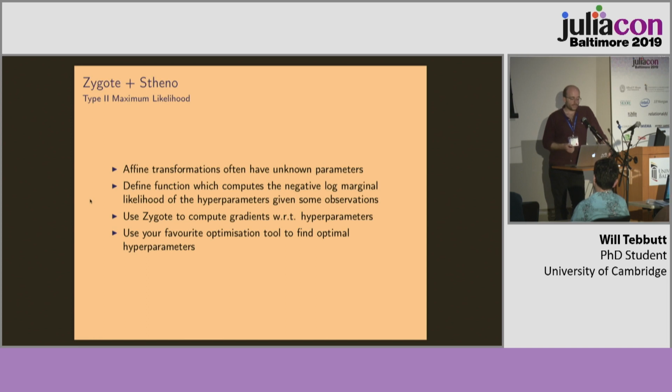The usual way with GPs, because we can compute this marginal likelihood, is gradient-based optimization. The gist is: write down a function to compute your log PDF as a function of some hyperparameters, use Zygote to compute gradients, plug into your favorite optimization tool. Jobs are good.